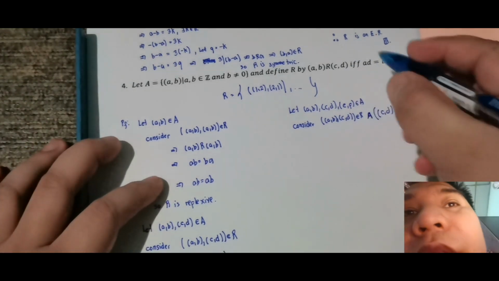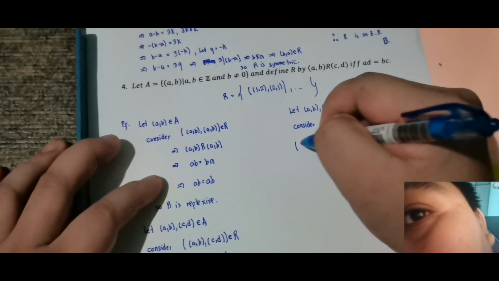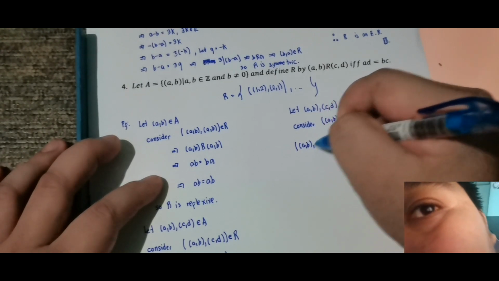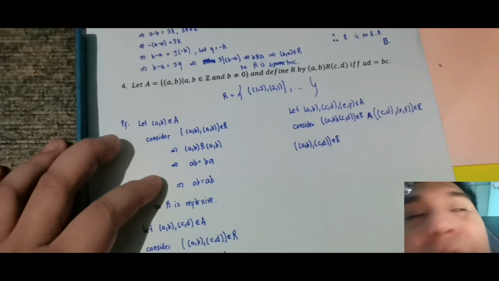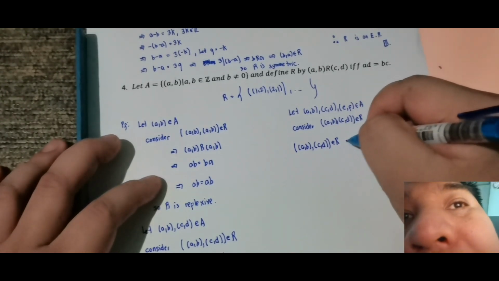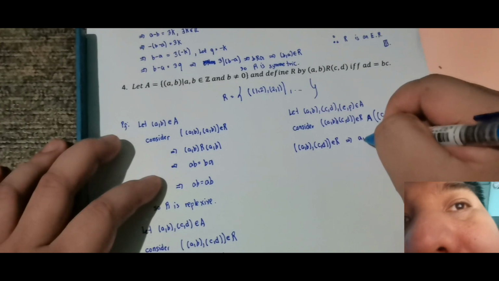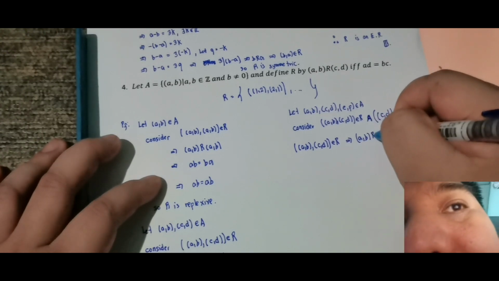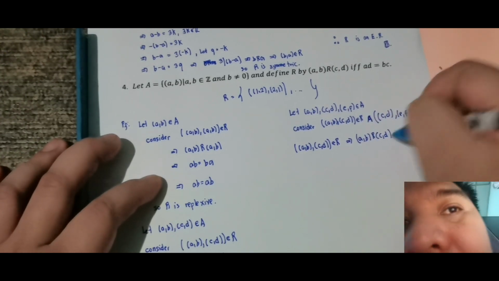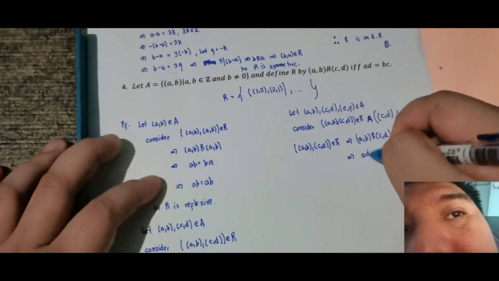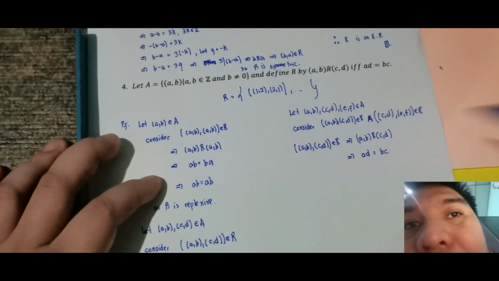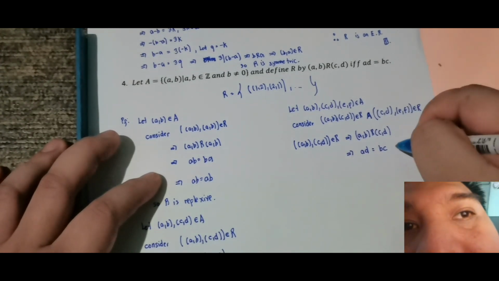Okay, so consider natin una to. Si (A, B, C, D) element of R. So, this implies that AB is related to CD. So, product ng outer, this implies that AD is equal to BC. So, ayan yung una. Equation 1.